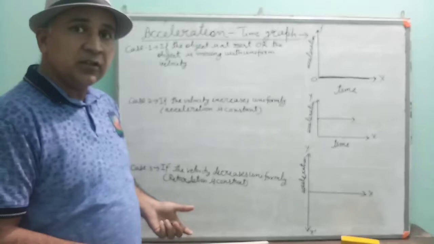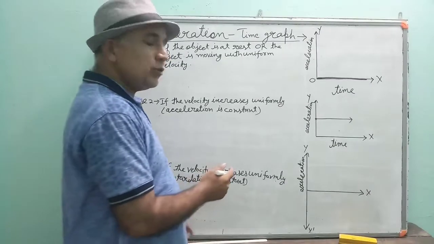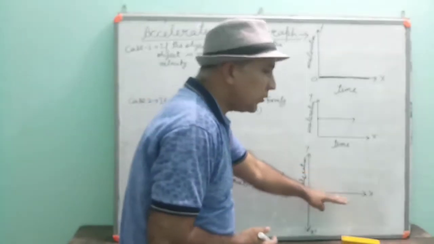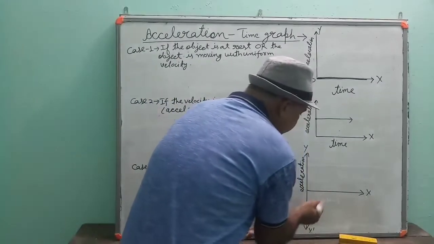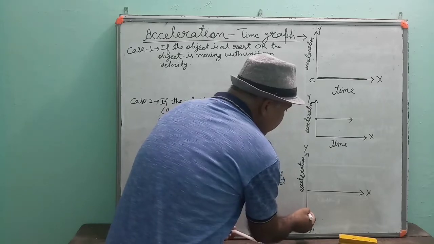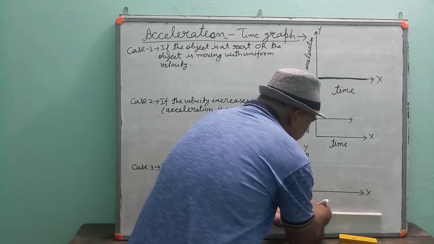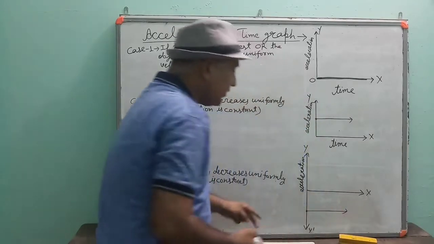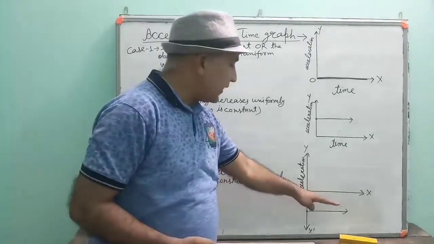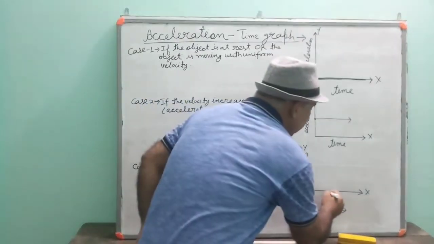Now the third case: if the velocity decreases uniformly, it means retardation. Retardation means negative acceleration. Negative acceleration will be denoted below the x-axis. Suppose at any point the acceleration is this. In this case we will find a line again which is parallel to the time axis and below the x-axis.